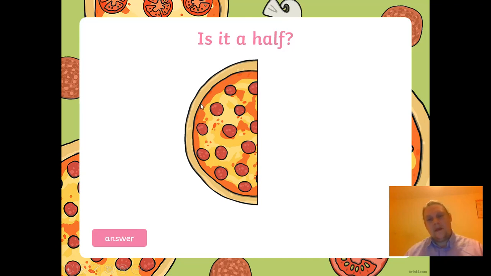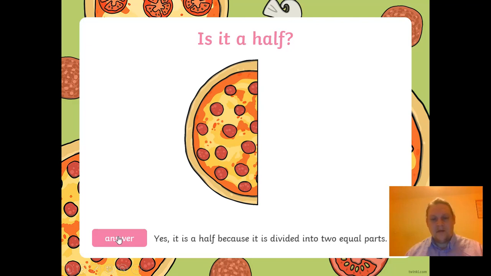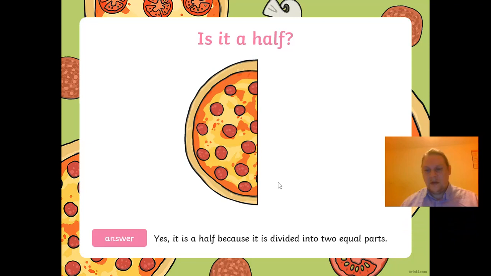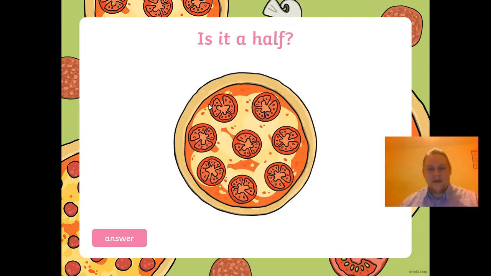Well, we've got one side of the pizza. If we imagine the other side, it looks like it's been cut exactly down the middle. So it's definitely going to be half, because it's divided into 2 equal parts. Is this a half? Well, we've got an entire pizza now. We've got the whole. So it's definitely not a half, because it's a whole shape.